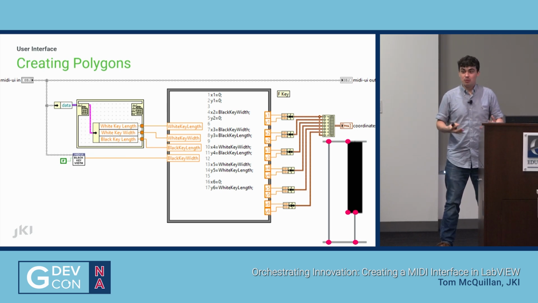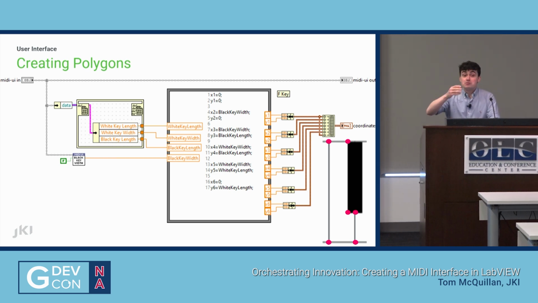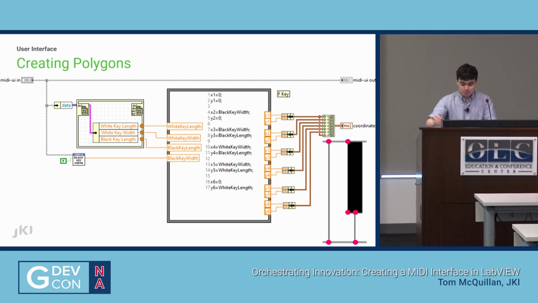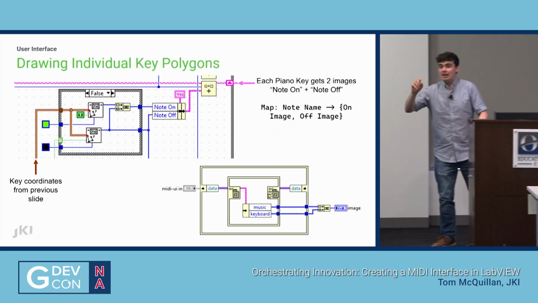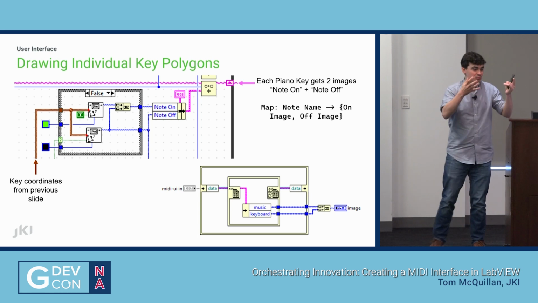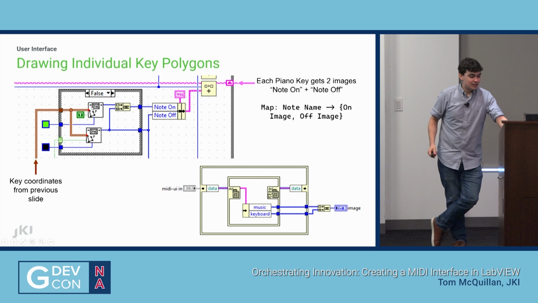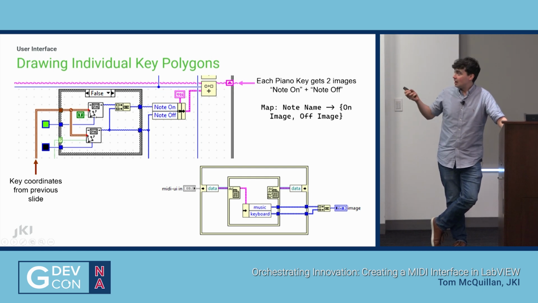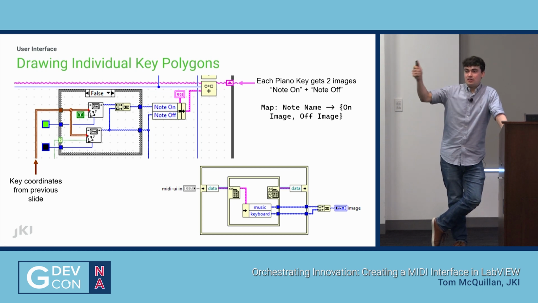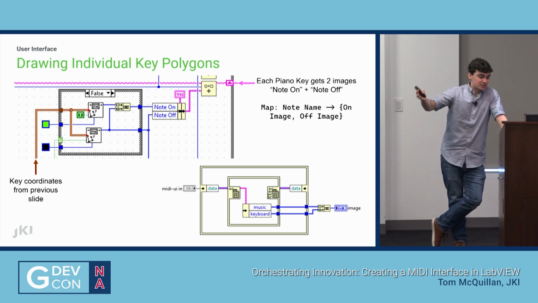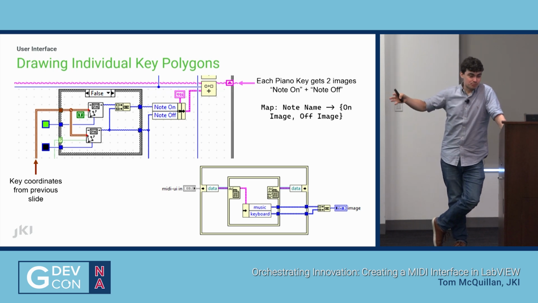That's a polygon. Polygons are maths and awesome. And then I multiply that for 8 octaves, or however many. Once I have a mathematical model of what a piano is, I can, in LabVIEW, use these functions to create that image. And I'm creating 2 images, one for when the note is being pressed and one for when it's not. I put that into a map so I can reference it later.